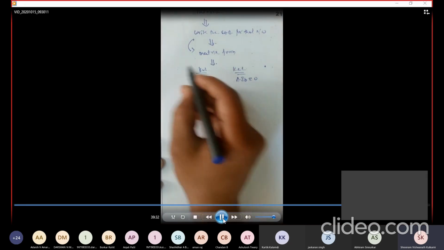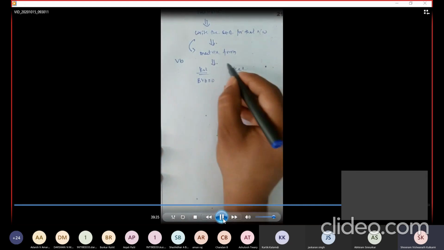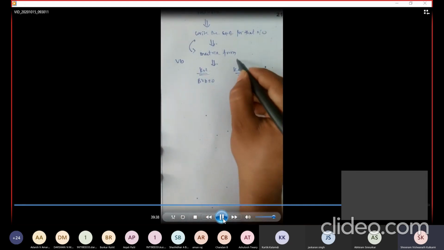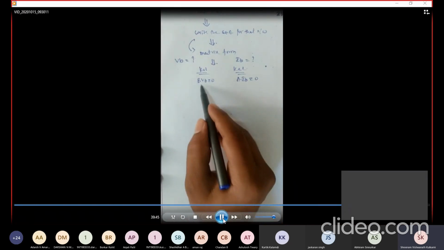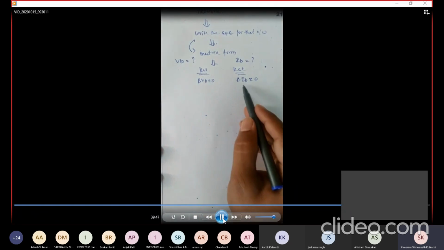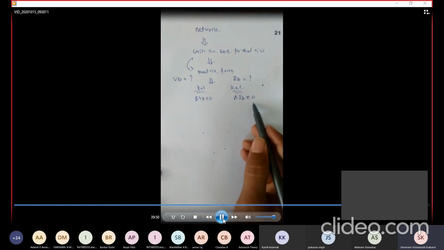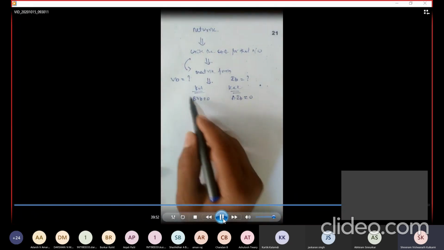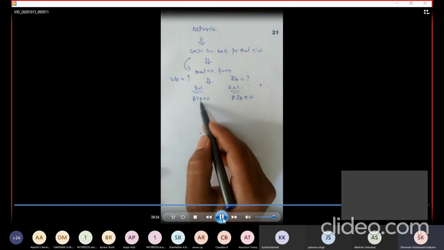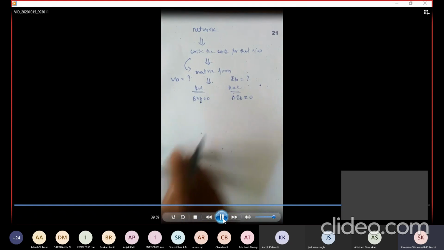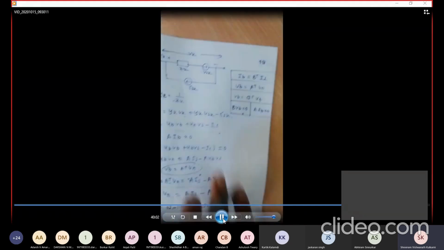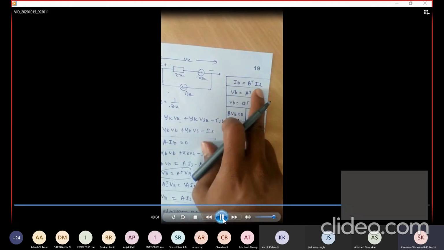From the matrix form, we are going to get some Vb, and for KCL we are going to get Ib. KVL: B Vb equals 0, KCL: A Ib equals 0. Then we need to insert this Vb here. Ib equals B transpose Il.